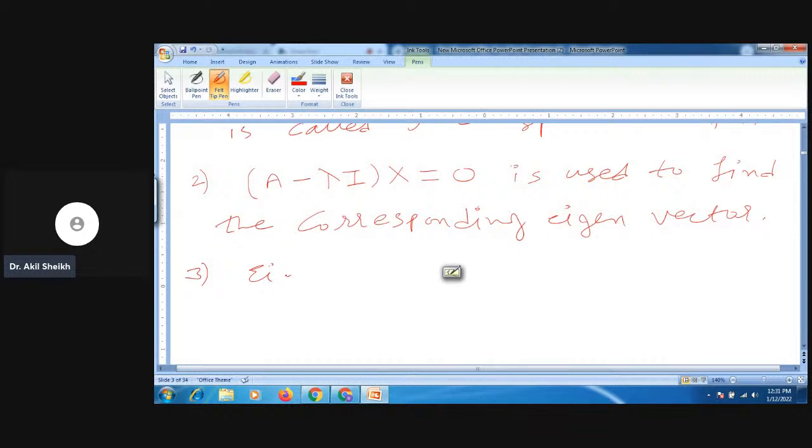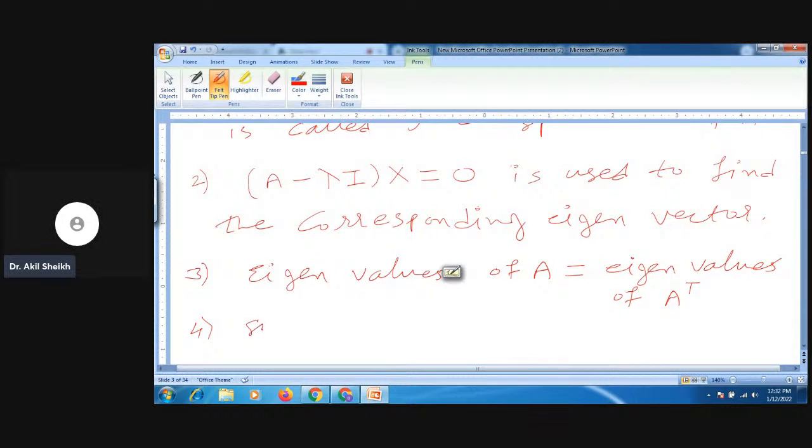Eigenvalues of matrix capital A are equal to the eigenvalues of the matrix A transpose. It means the eigenvalues of matrix A and its transpose are both the same.